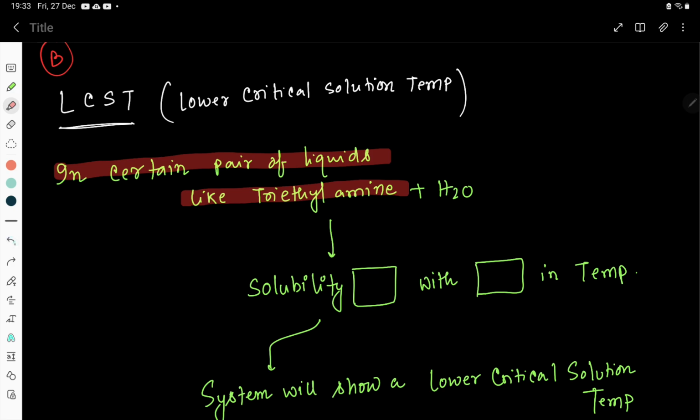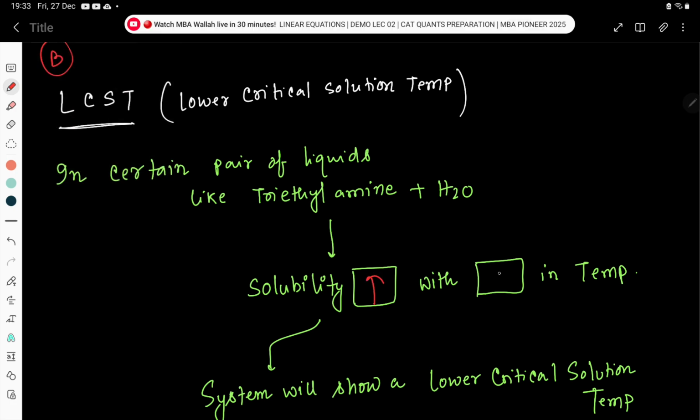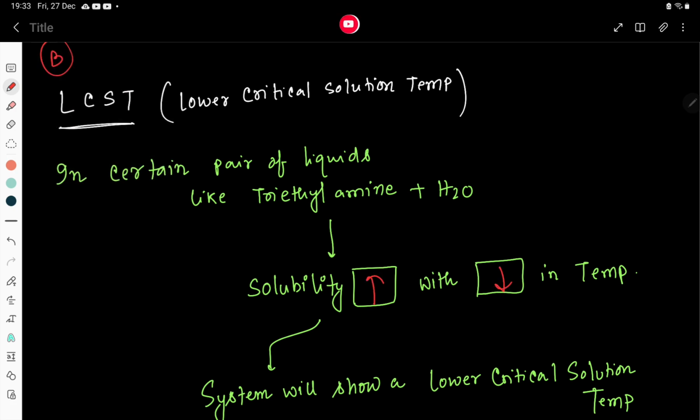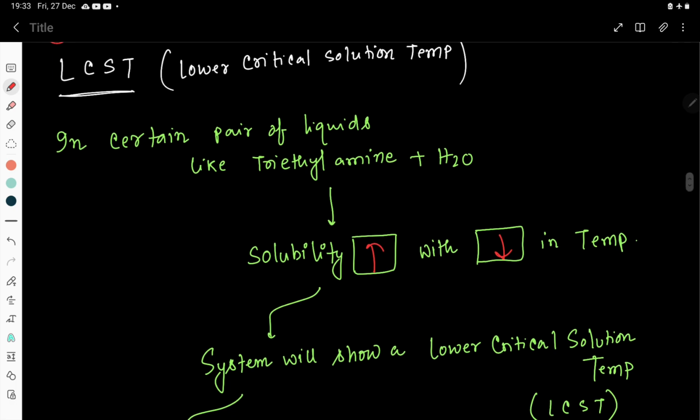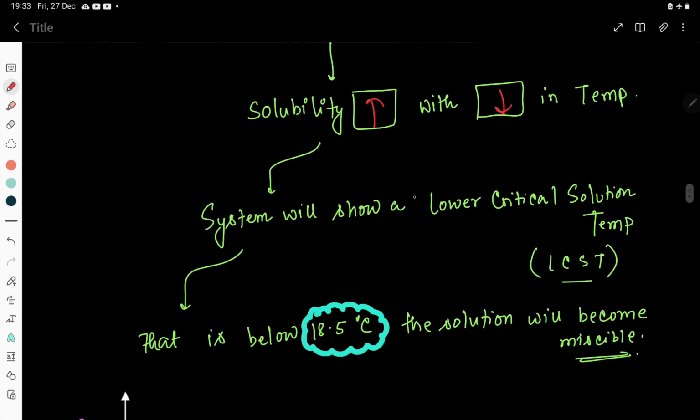What we can see in such a mixture is that solubility increases with the decrease in temperature. So what we can see here is solubility increases with decrease in temperature. The system will show a lower critical solution temperature.